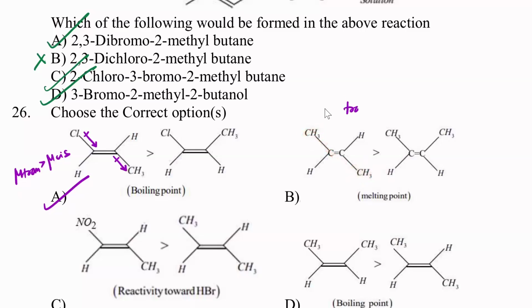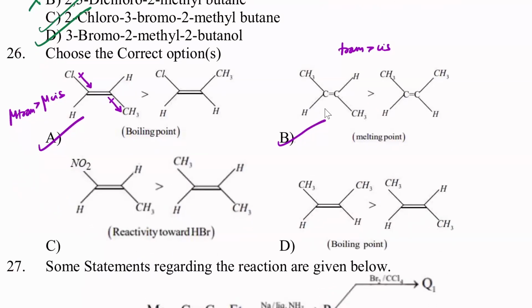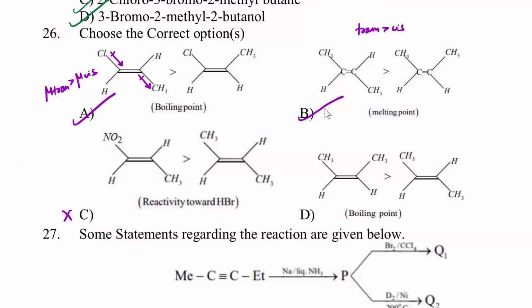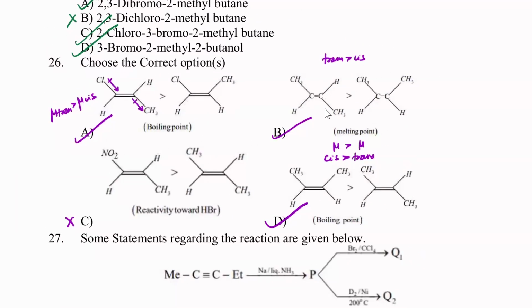And always trans is greater than cis. So that is correct. Reactivity towards HBr. Now, here the carbocation is more stable. Here the carbocation is unstable. So this is an incorrect order. Boiling point. Generally speaking, cis is greater than trans because in this case, mu is greater than mu here. So D is correct. So A, B, D.